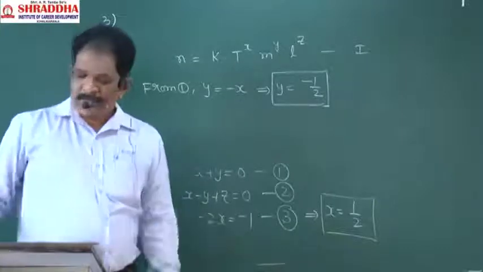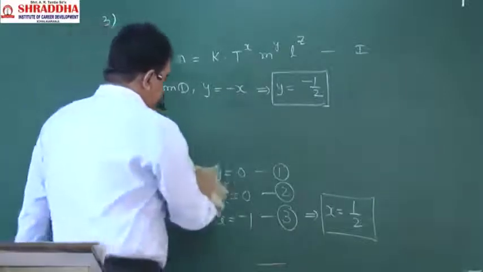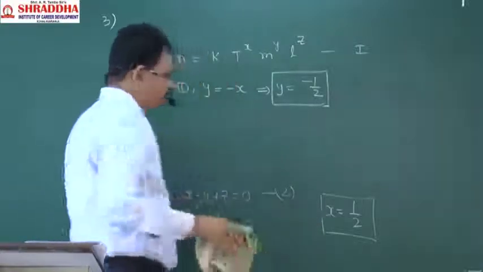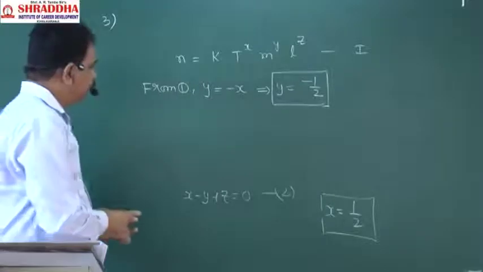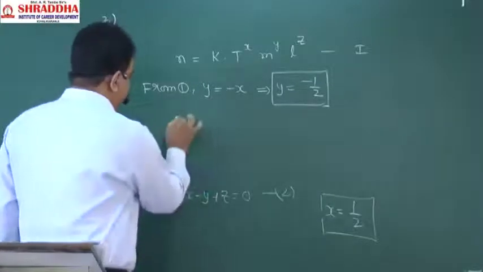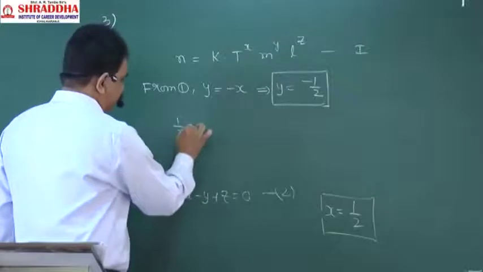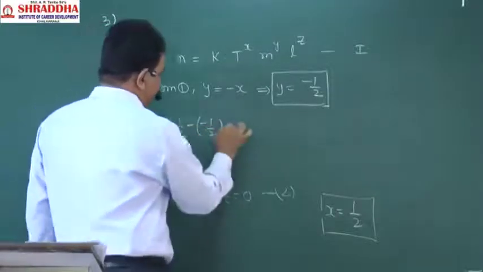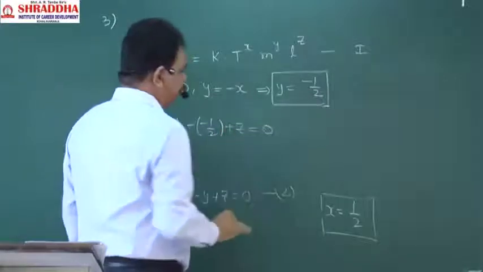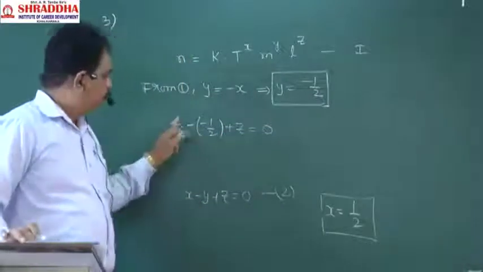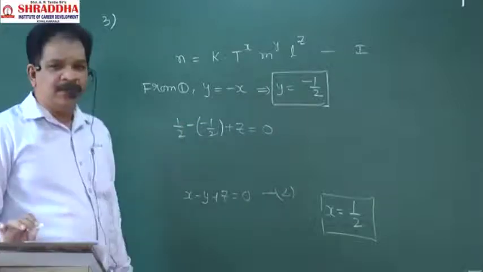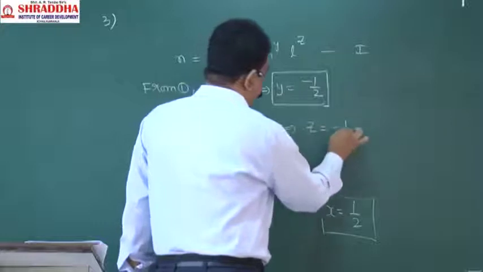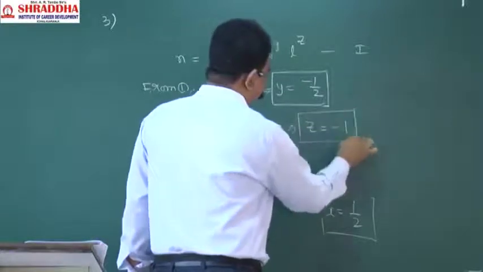Clear? Next, substitute the X and Y values in the other equation and you will get the Z value. X value is 1 by 2, minus Y value minus 1 by 2, plus Z is equal to 0. 1 by 2 plus 1 by 2 will be 1. So Z value is equal to minus 1.